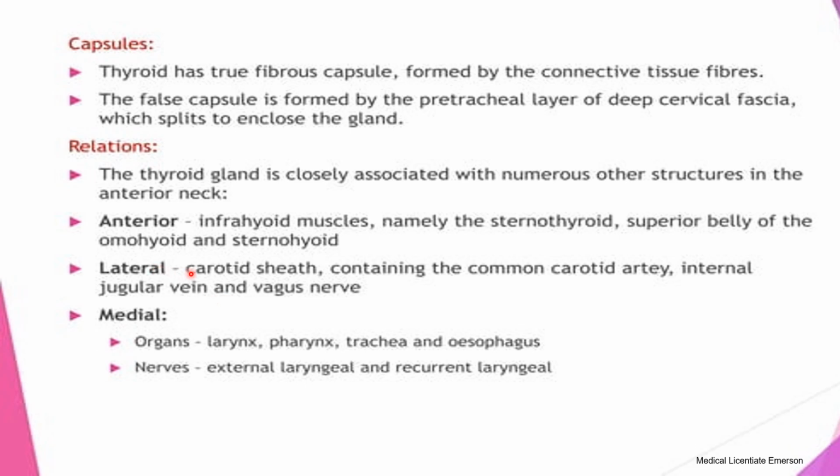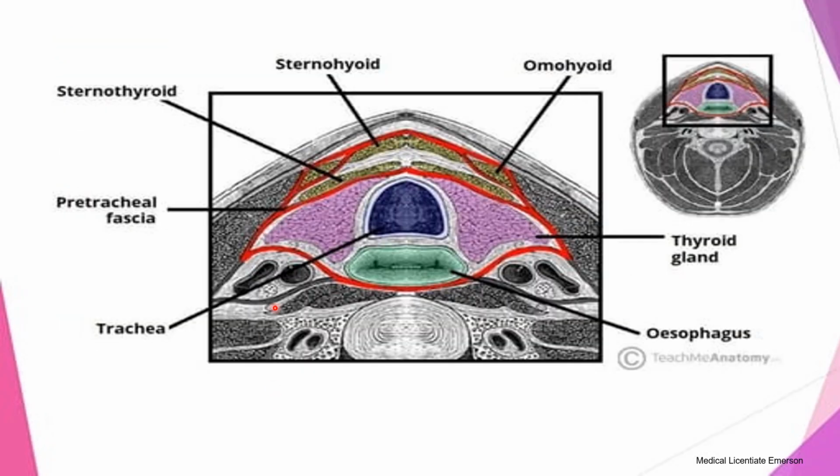Then on the lateral relations, we have the carotid sheath containing the carotid artery, the internal jugular vein, and the vagus nerve. Then medially, you have organs such as the larynx, pharynx, trachea, and esophagus. Then the nerves, you have the external laryngeal and the recurrent laryngeal nerves. So these are the relations in terms of the structures.